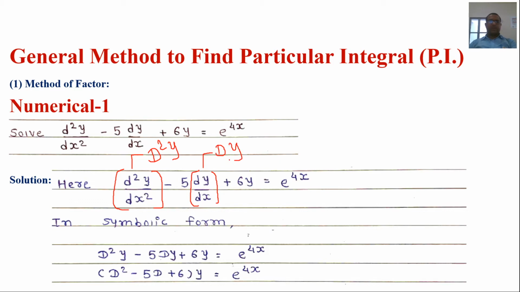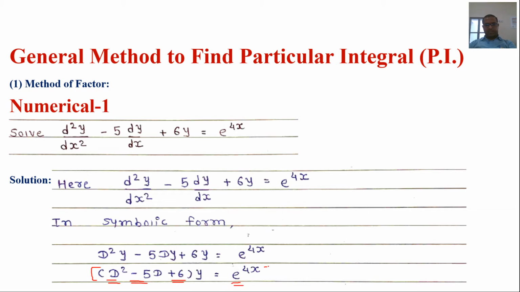So in symbolic form you will get D square y minus 5 Dy plus 6y is equal to e raised to 4x. Now from the left hand side take y as common. Finally you will get, in bracket, D square minus 5D plus 6 into y is equal to e raised to 4x.